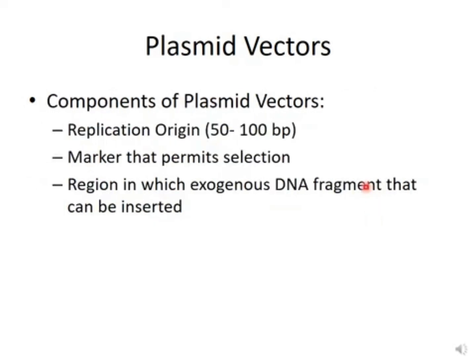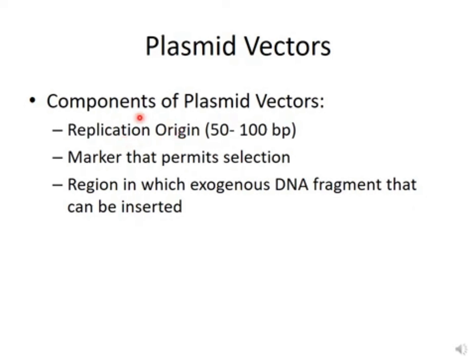So for a plasmid vector to be useful, it has to have the following components. These, as I mentioned, can be engineered by genetic engineers. The vector has to have what we call a replication origin. If you remember when we talked about DNA replication, we mentioned the point where DNA starts to make a bubble so it can start replicating itself and make two replication forks at that bubble.